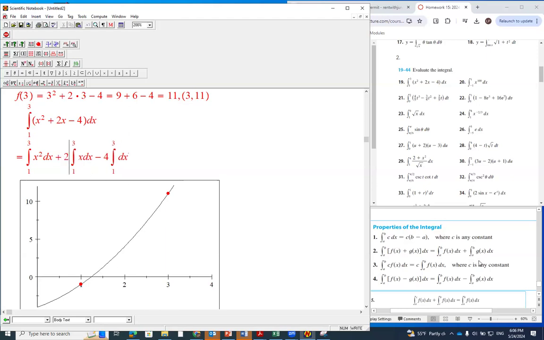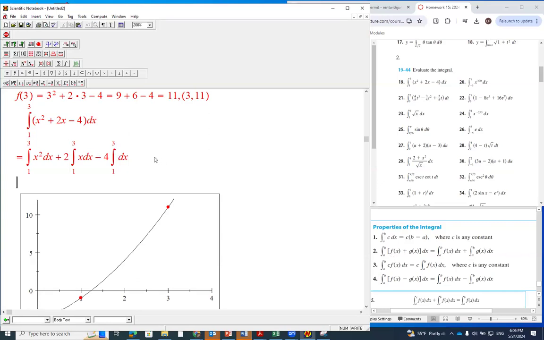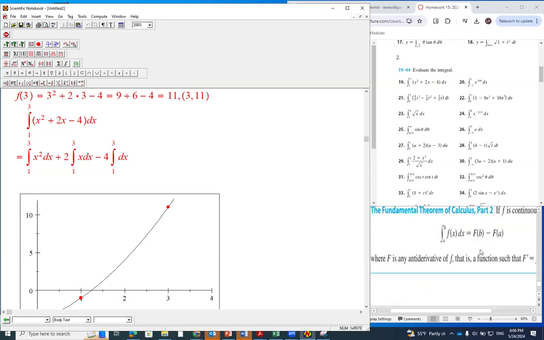So we're applying some of these properties here. And next, according to the Fundamental Theorem of Calculus, we just have to know an antiderivative of each one of them.